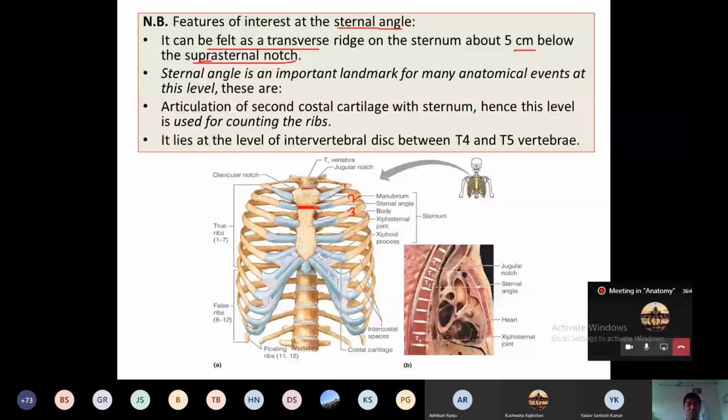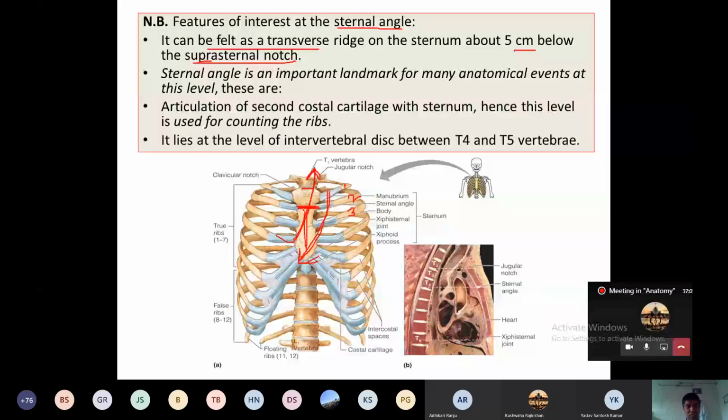During respiratory movement, the body of the sternum will be elevated upward during inspiration and depressed downward during expiration. Only the body, not the manubrium.